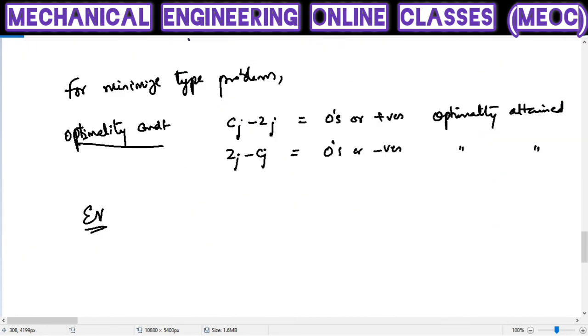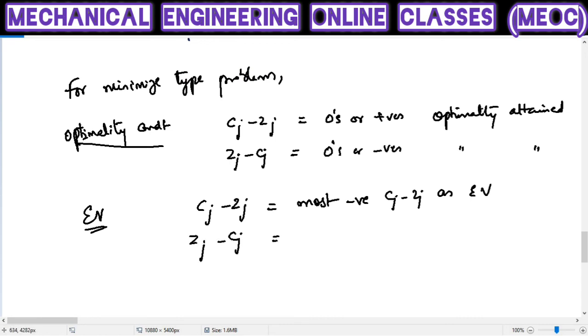So that is what it is. So if we are using Cj minus Zj, then you have to pick the most negative Cj minus Zj as the entering variable. If you are using Zj minus Cj, then it's obvious that you must pick the most positive Zj minus Cj as the entering variable. So this is all for a minimization type of problem.